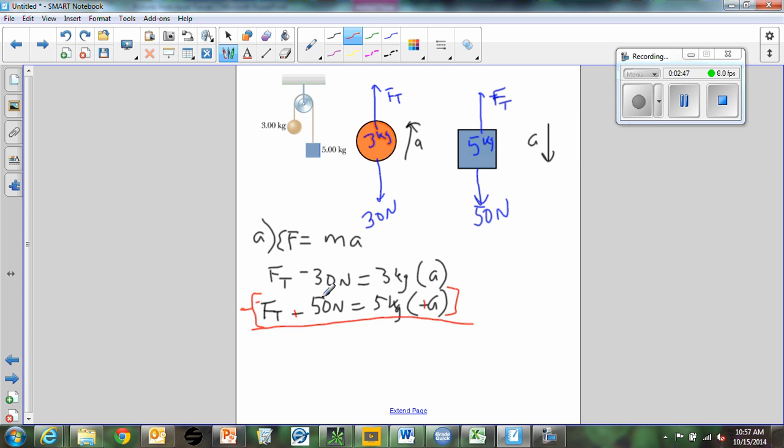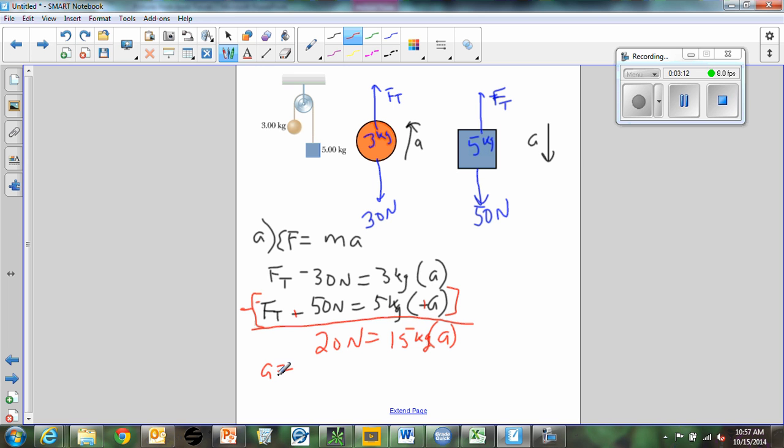Negative 30 plus 50 is 20 newtons. 3 plus 5, remember negative A times 5 would be negative 5A, so this is going to make it plus. 3 plus 5 is 15 kilograms times A.